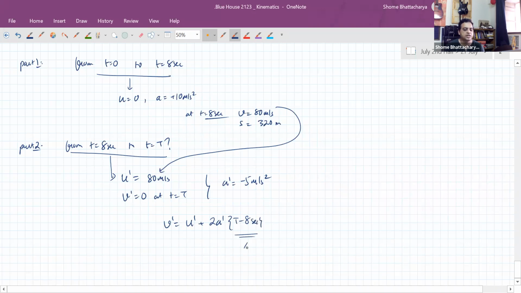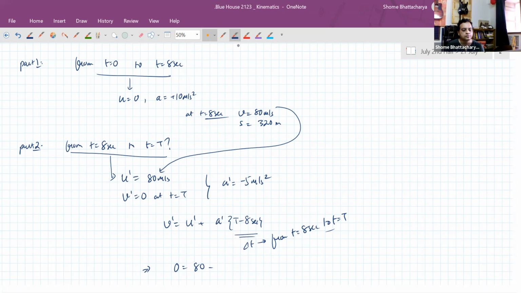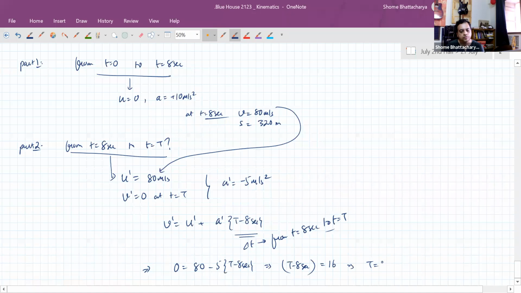This time interval, delta t, is from t equal to 8 seconds to t equal to capital T. So this is when the motion stops.